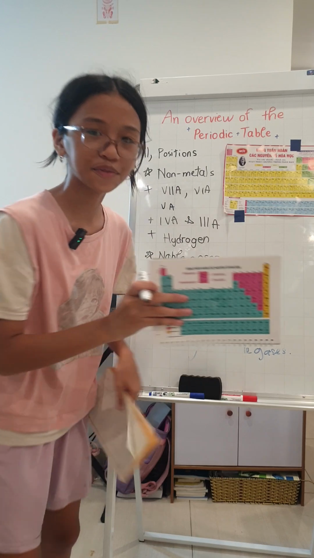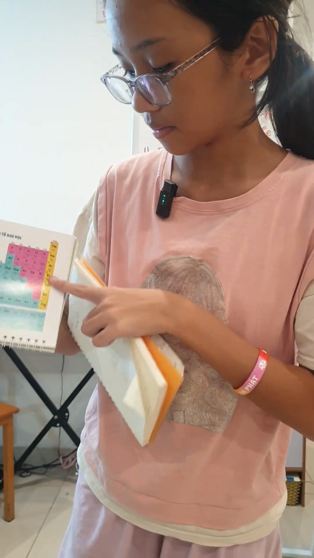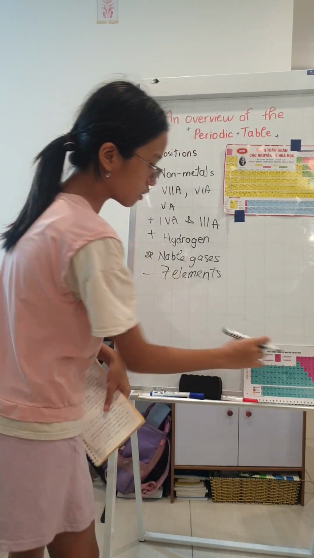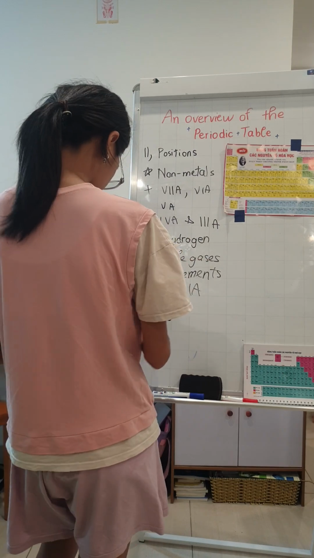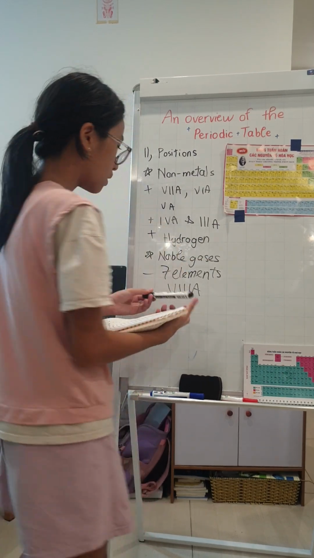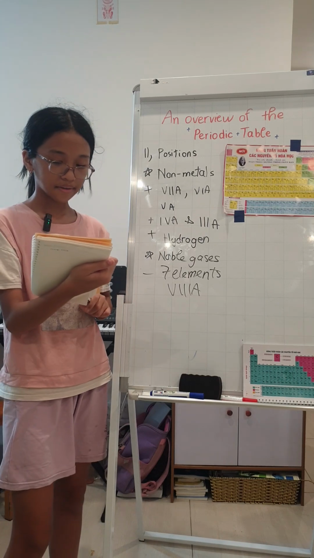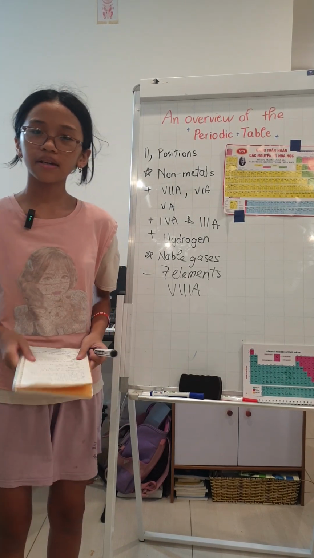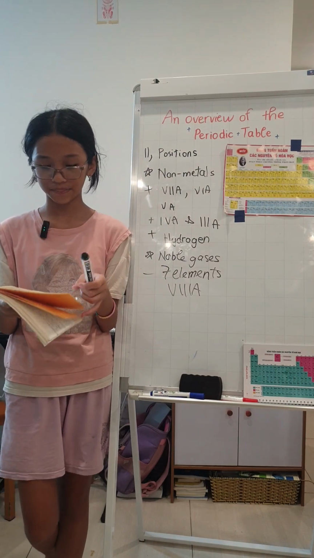And you can see here, they are the yellow color, which means that they belong in group 8A. Their atoms have stable outer electron shells, so that means they're difficult to undergo chemical changes.